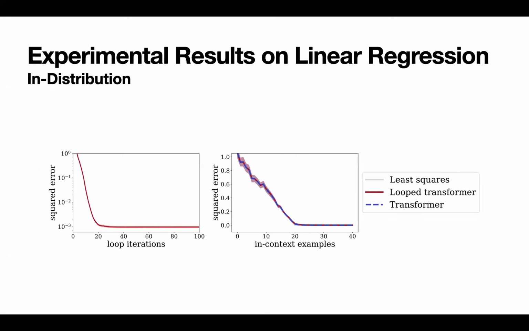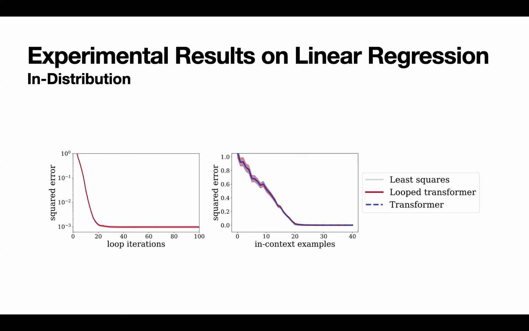I will go ahead. Now let's talk about some experimental results. Sorry, I think I missed some questions in the chat. So, experimental results. We just showed that on linear regression, it works. This was the first figure I showed you.